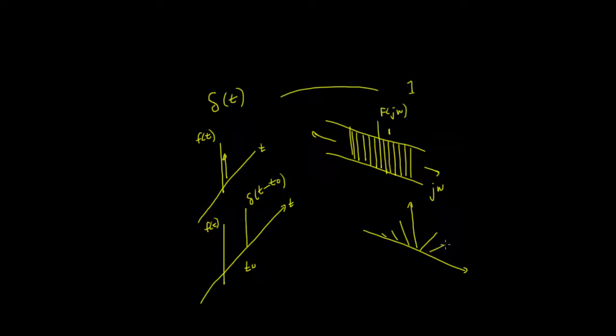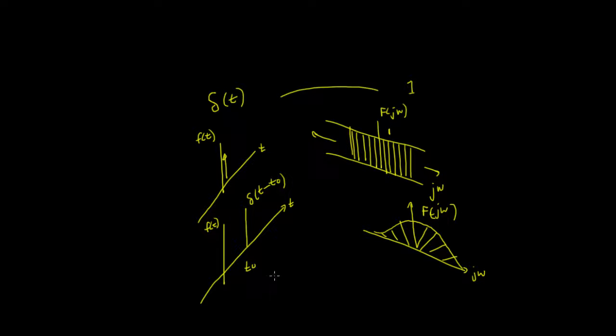So you can see that the phasor starts to map out a 3D line. Okay, so you can say that's j omega, F of j omega.